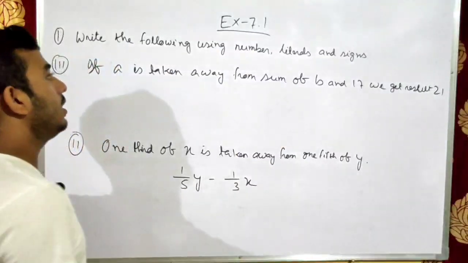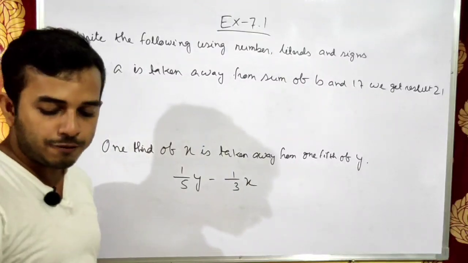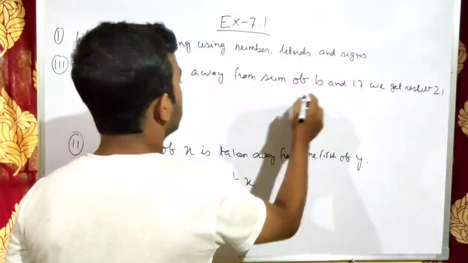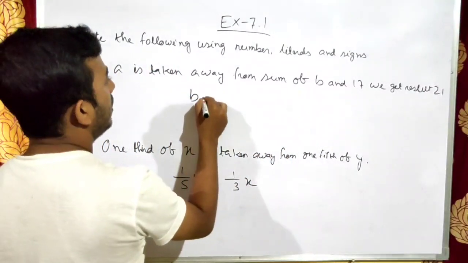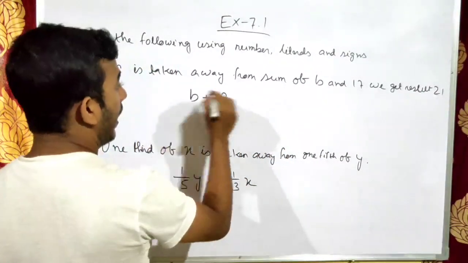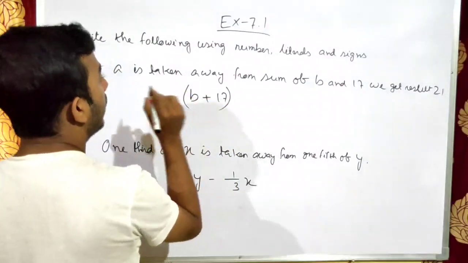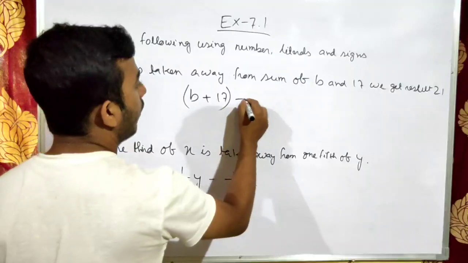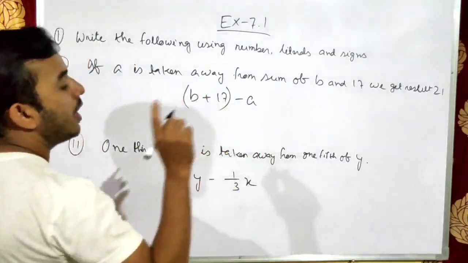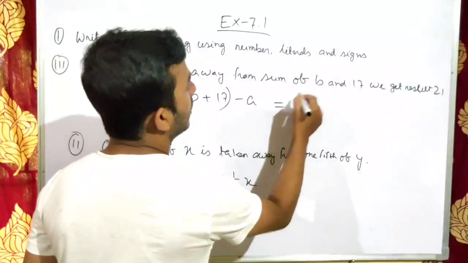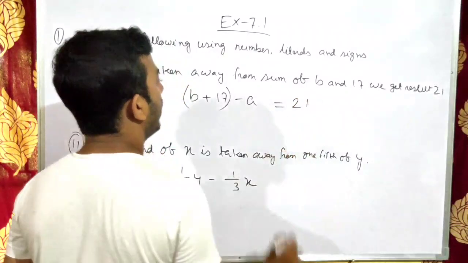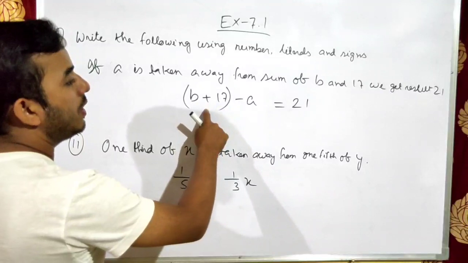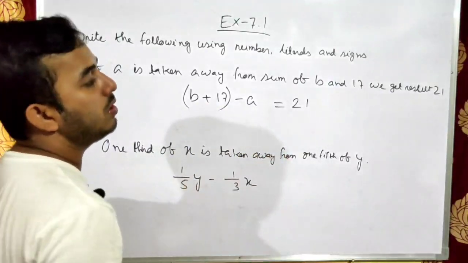So the sum of b and 17 means what? b plus 17. And from here we are taking a away, that is, we are subtracting a from the sum of b and 17, and we get the result as 21. Finish.